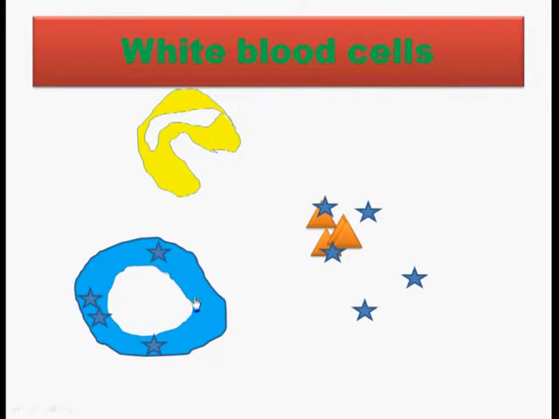In other words, it produces antibodies, and whenever it detects bacteria in the bloodstream, it releases these antibodies. And you notice now that as the antibodies surround the bacteria, it basically clumps them together. And this is what happens afterwards.